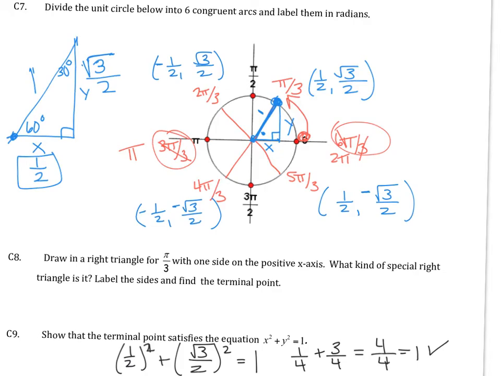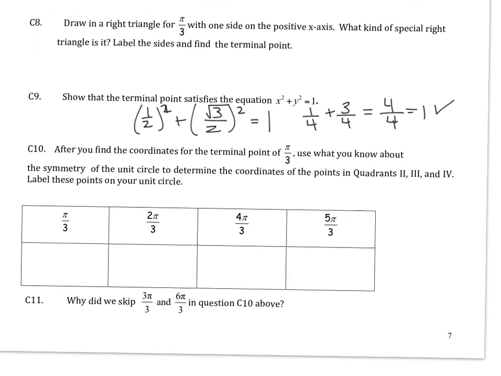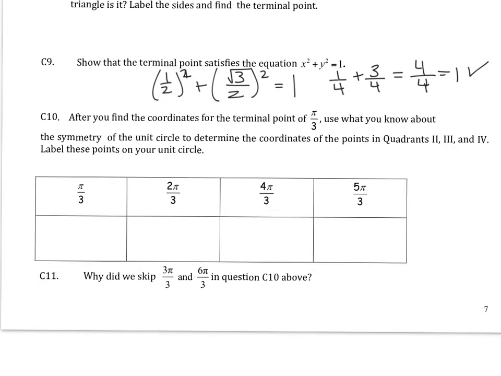So that's what happens with that. And again, a lot of this is very similar to what we were doing before, except that with the 45-45s we're now working with a 30-60-90 triangle. So quadrant 1 will be 1/2, root 3 over 2.